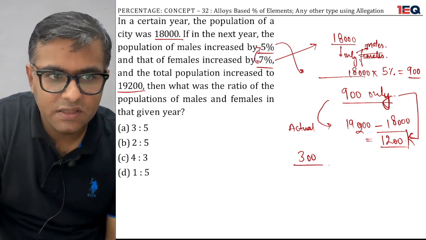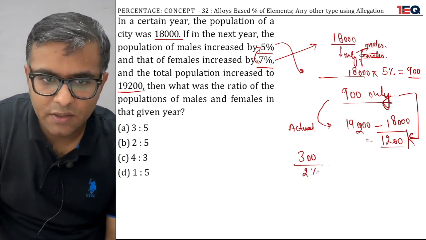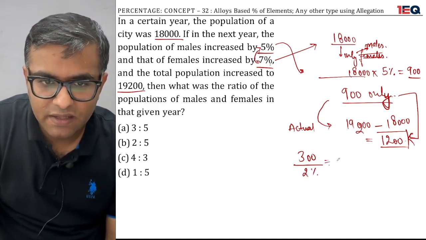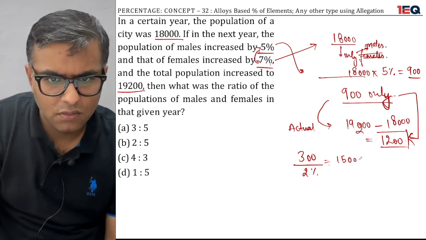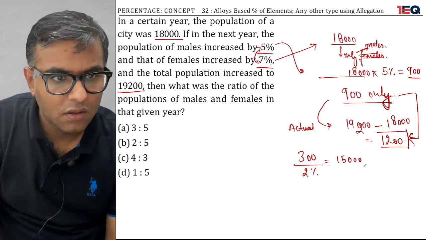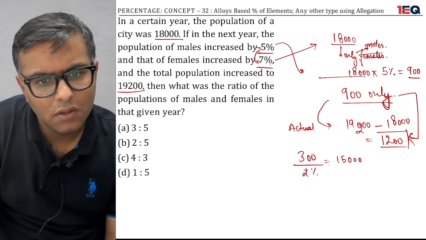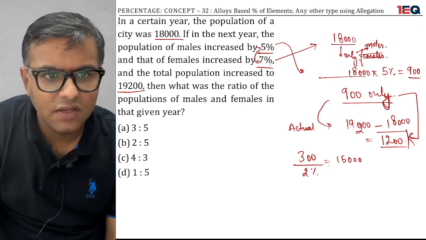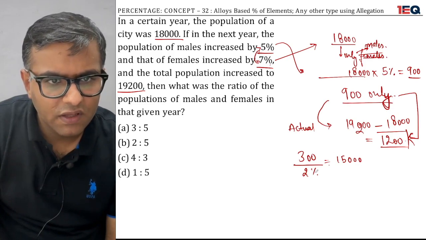The percentages here are 5% and 7%, that is a difference of 2%. 300 divided by 2% would give me 15,000.